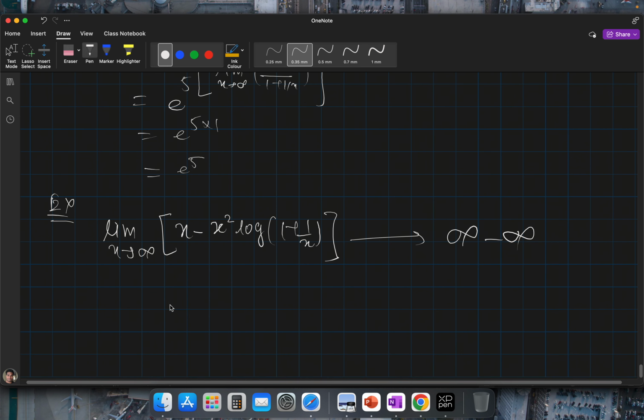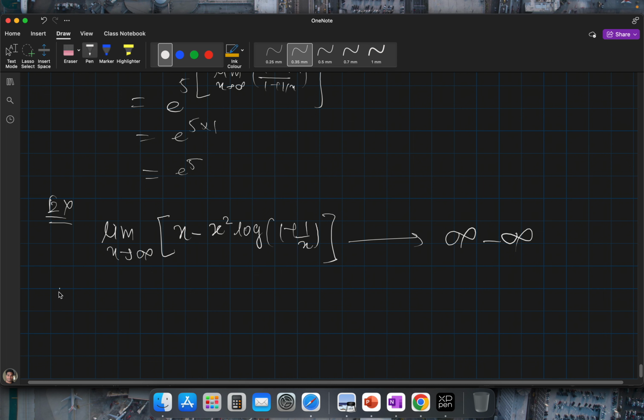So there is one more way to do that, and you have to use the series. So you know that log(1 plus x) is nothing but x minus x square by 2 factorial plus x cube by 3 factorial and so on.